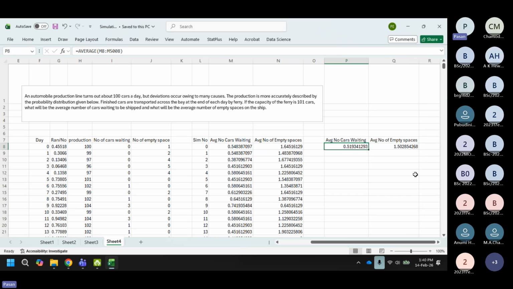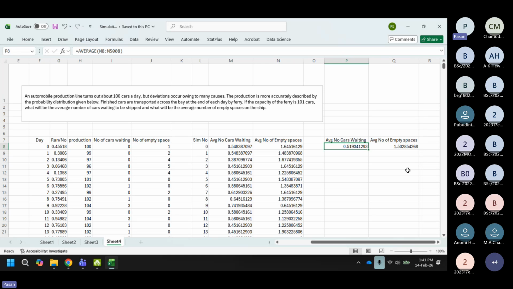But in terms of the empty spaces, you can see that around 1.5 empty spaces are there. So there will be slightly empty space there, right? That is indicating that in terms of the empty space, we may have a chance to improve.